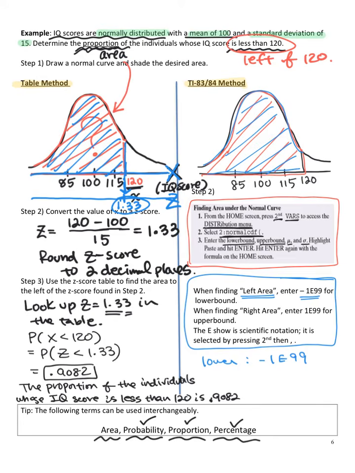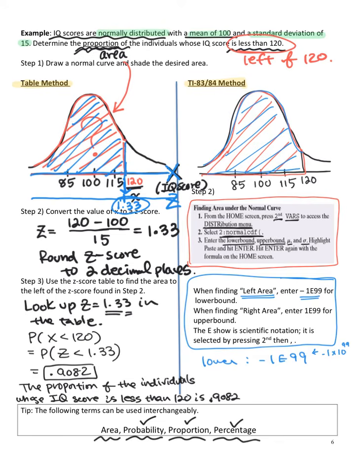Well, what is that? We learned before that the E is scientific notation. So negative 1E99 means negative 1 times 10 to the power of 99, which is a really, really small number. Why are we using negative 1E99?